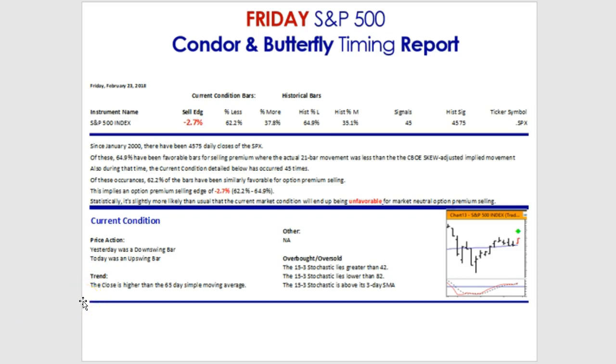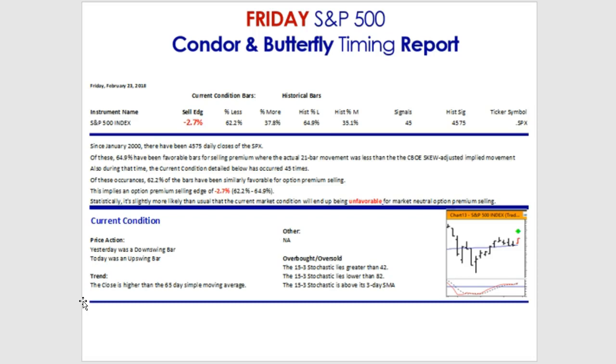Since January of 2000, the S&Ps have had 4,575 daily closes. Of those 4,575, 64.9% have been favorable bars for selling options premium, where the actual subsequent move was less than what the option prices were implying, the SIBO skew adjusted VIX, the implied movement.